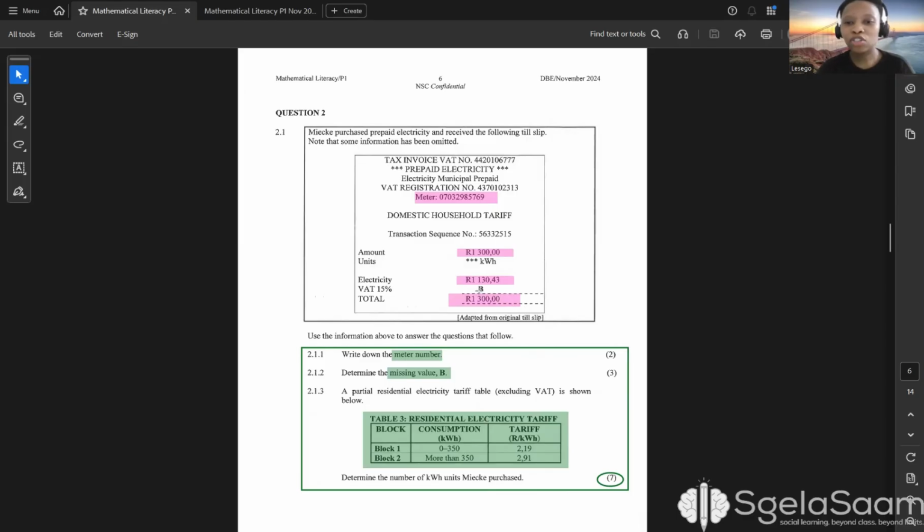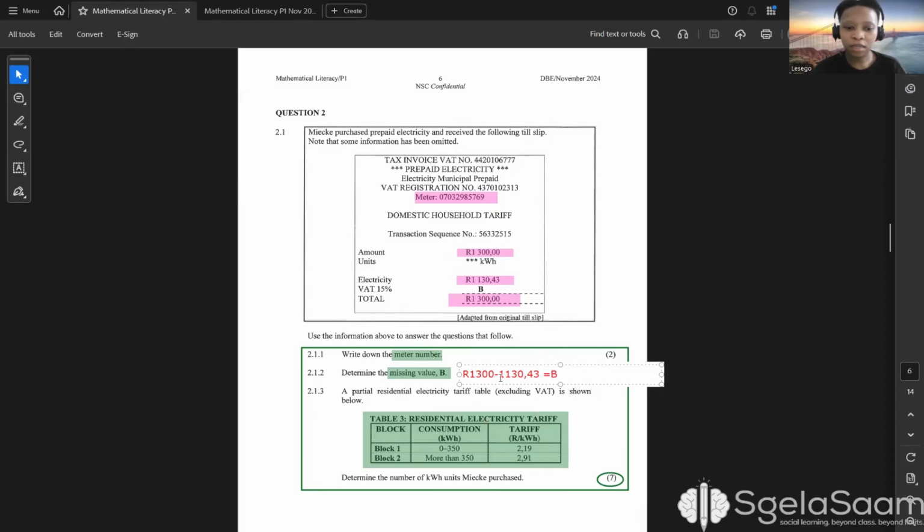So if the electricity is 1,130.43 and the grand total is 1,300, the difference would be the VAT. So simply, you get the grand total minus 1,130.43, and you get your value B. That will be the calculation that you need to give the examiner.